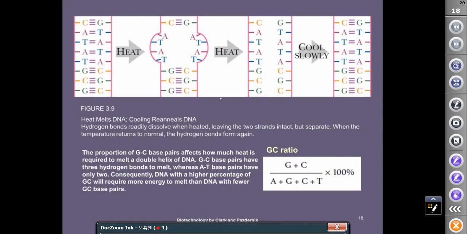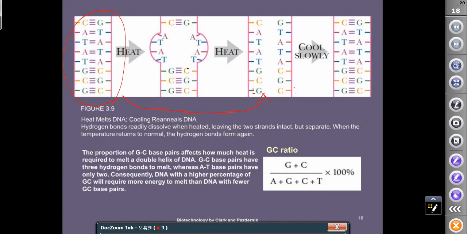But here, melting of DNA is to separate this double-stranded DNA into two complementary single-stranded DNA. That is what we call melting when it comes to DNA. So how do you melt the DNA? You heat. Just the same thing as melting ice to water.